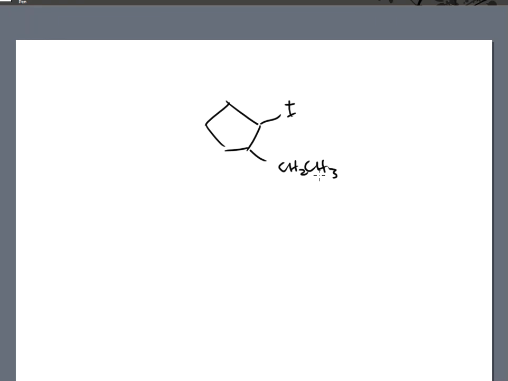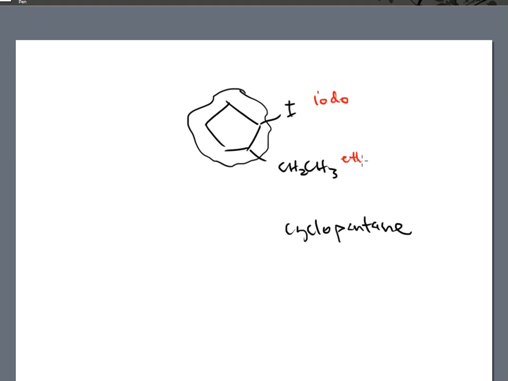Okay, so with this example, my longest carbon chain is right there. This is a cyclo, because it's a ring, and there are 5 carbons, so it's a pentane, cyclopentane. The I is called iodo, and this CH2CH3 is going to be called ethyl.